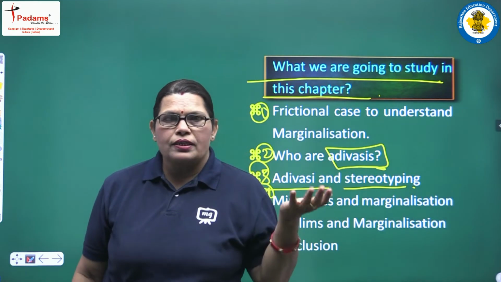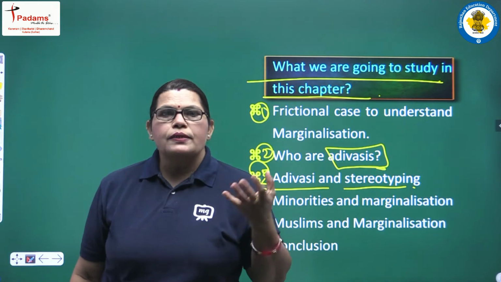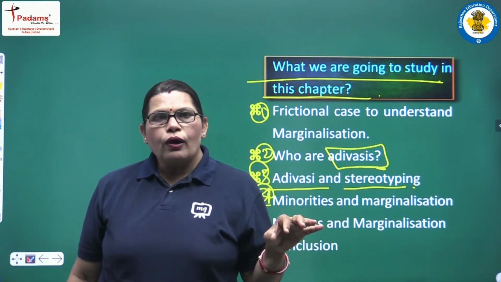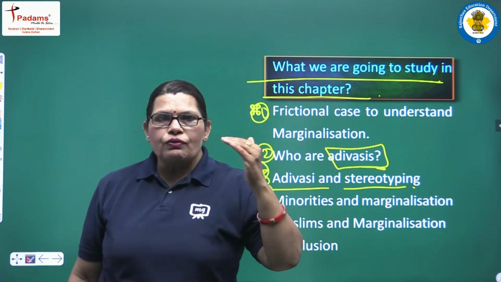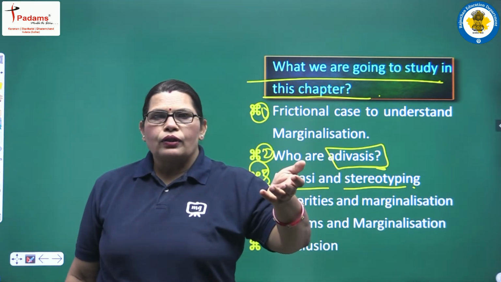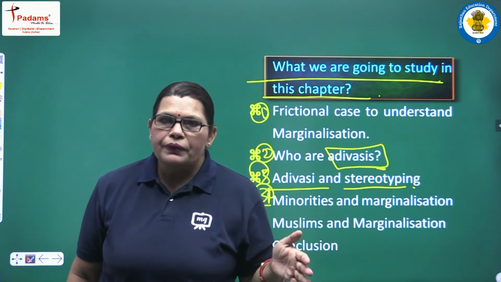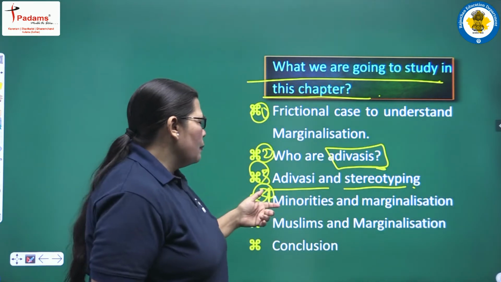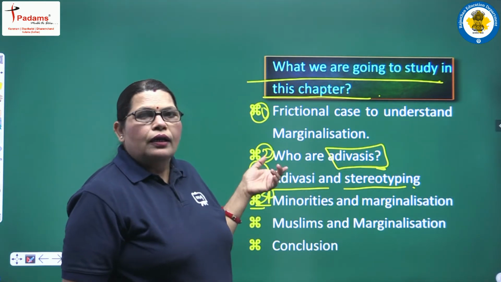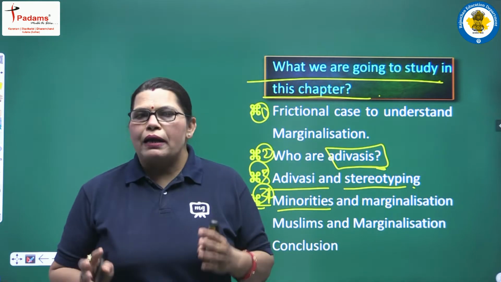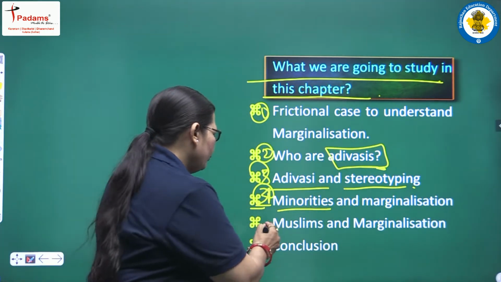And when we discussed the 20 students, 3 among them belong to a different caste or religion, or are language based, Tamilian or Punjabi, then on that basis these 3 are the minorities. So we will discuss minorities and marginalization also.